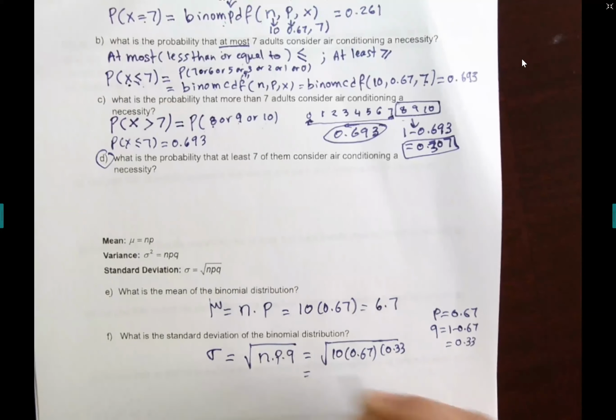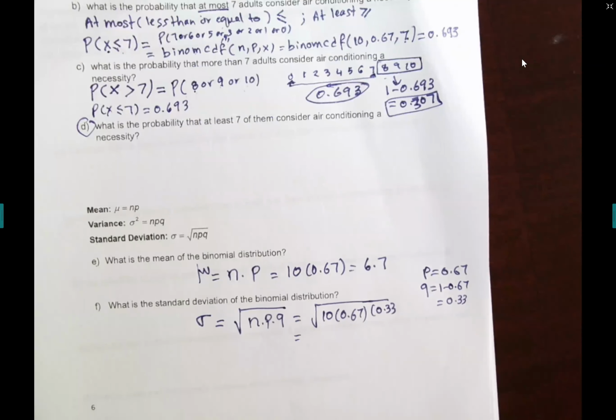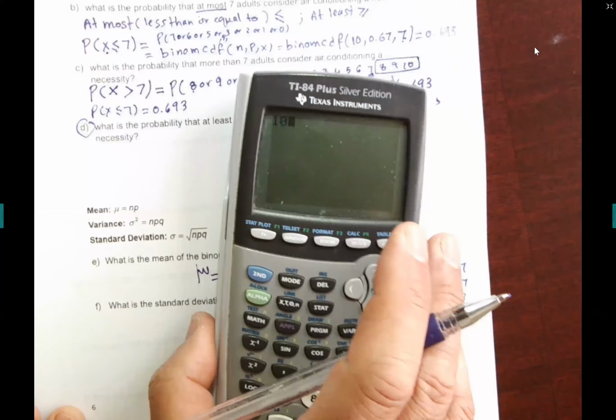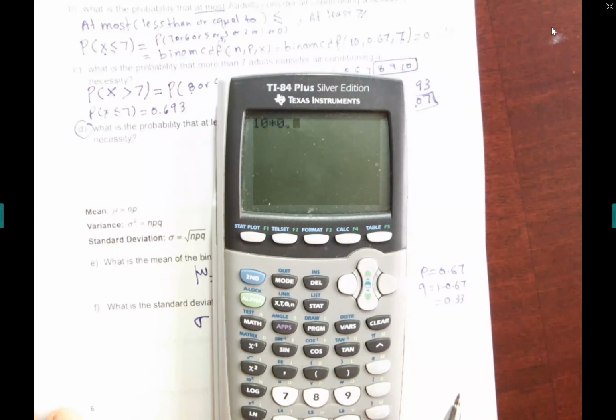And let's do it. Please work with me when I do something so that you can get used to it when you do the actual thing. So I'm going to do this with you and show you how to calculate that. So 10 times 0.67 times 0.33.